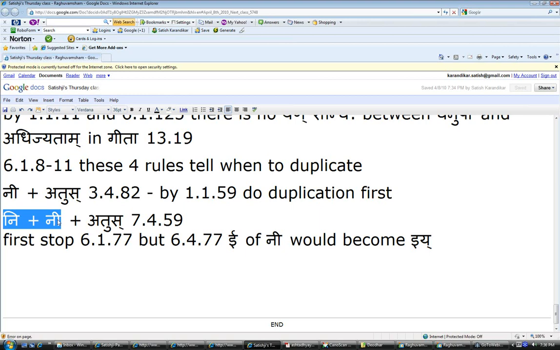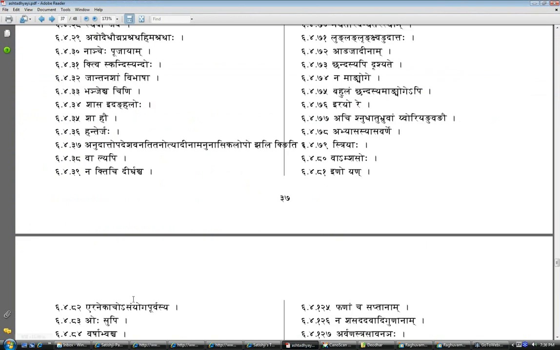So when all that is satisfied, 6482 says you make the yan adesha. So basically 6482 stops 6477. We get the yan adesha, and so we get the form ninyatuhu.